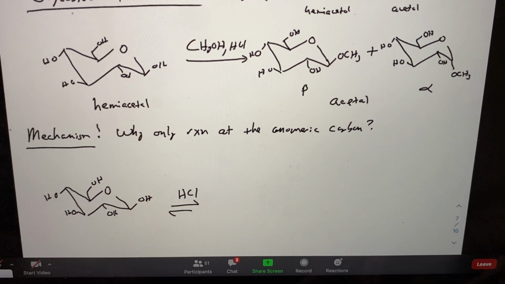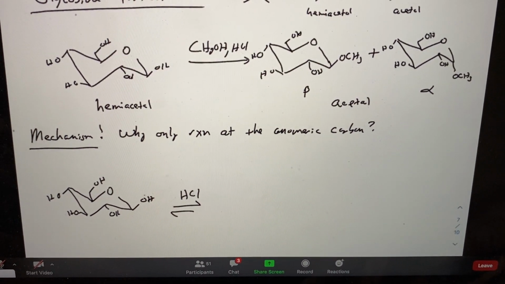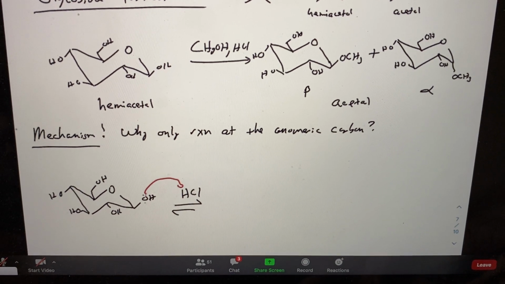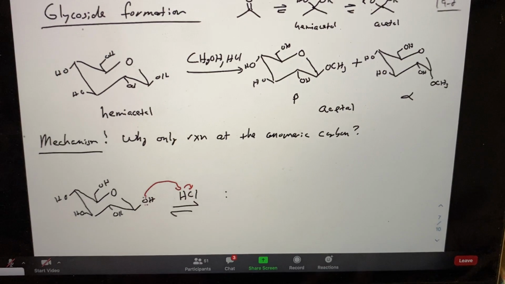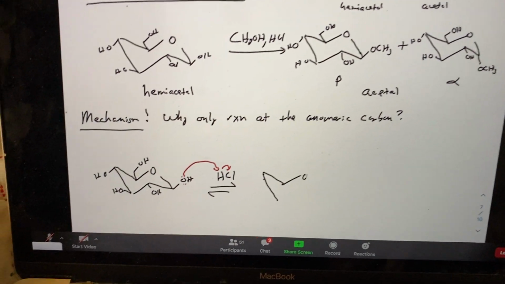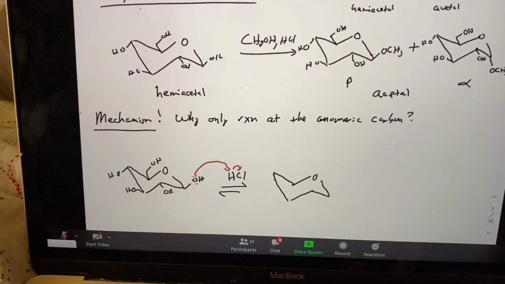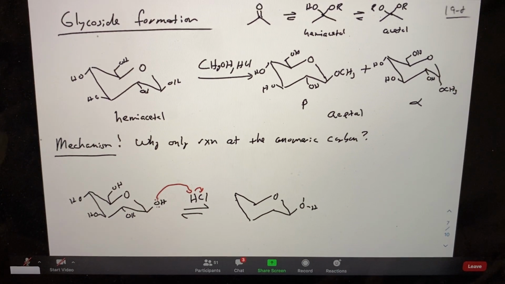But let's see what happens if we protonate that anomeric carbon. So we'll use lone pair of electrons there to protonate. All that we've done is protonated here.